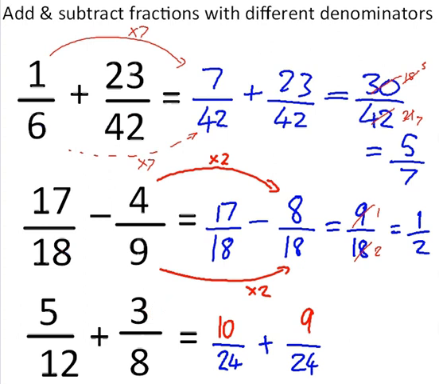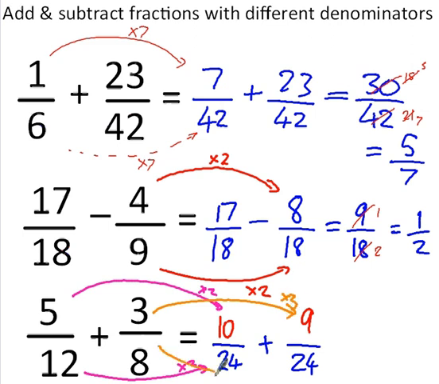Just to be really clear, I've multiplied top and bottom of that fraction by 2, and I've multiplied the top and the bottom of 3/8 by 3. Okay, that's very messy and very colourful. I'm going to remove some of those arrows so it becomes clearer again.